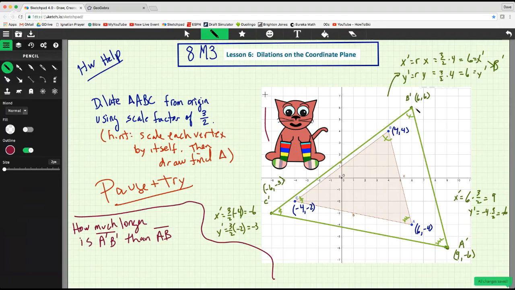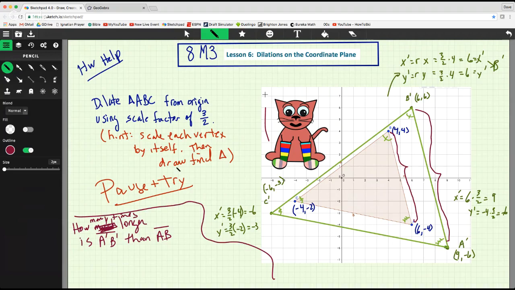What did I have to multiply AB by to get to A prime B prime? Not how much longer, how many times longer is A prime B prime than AB?